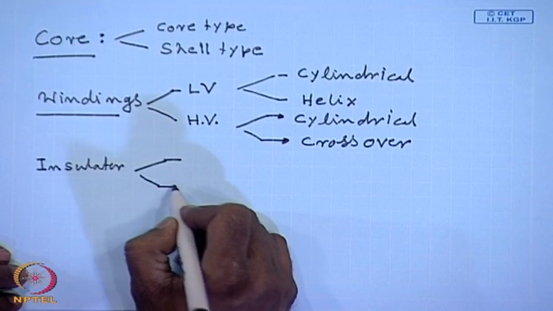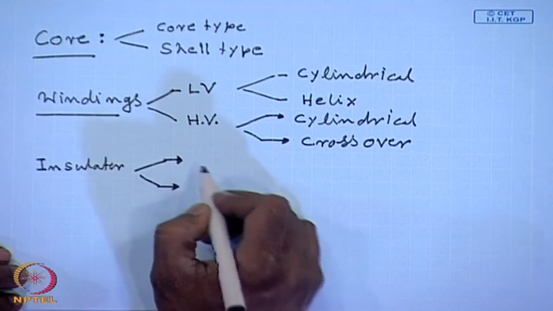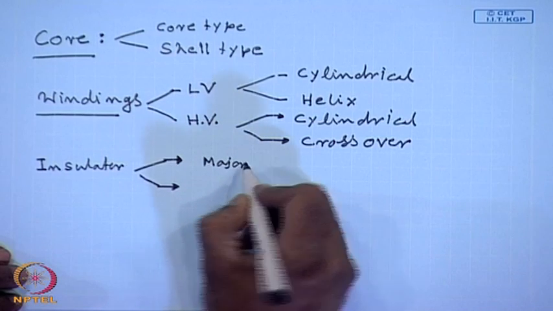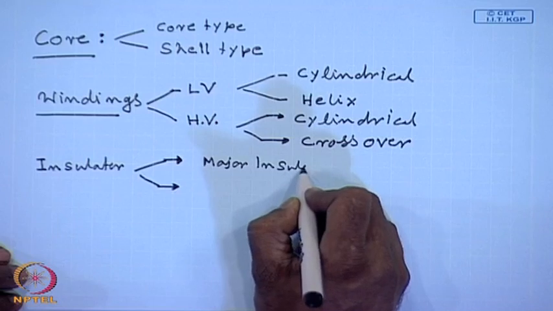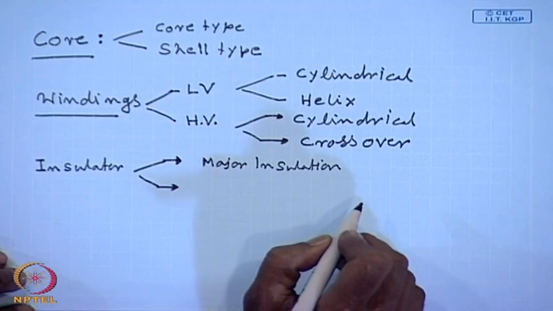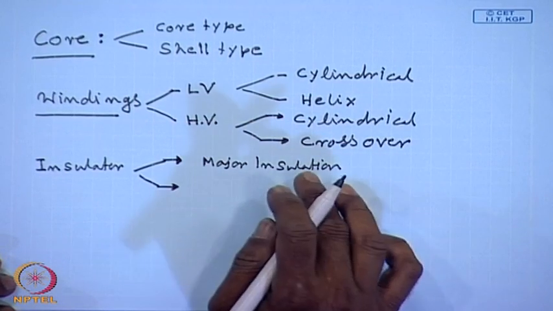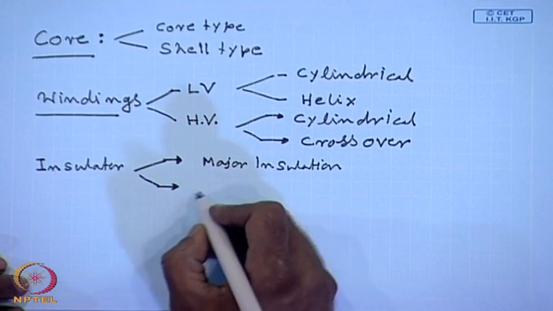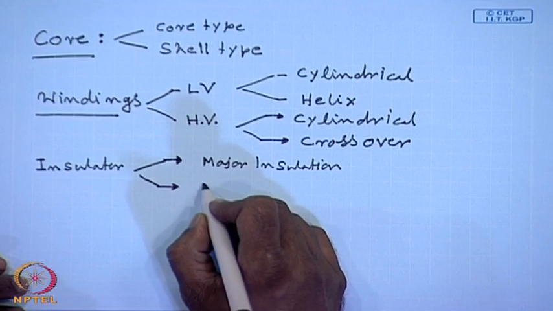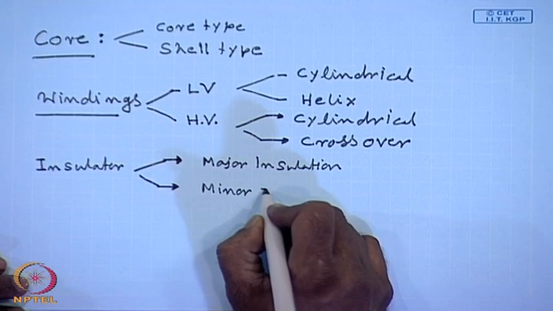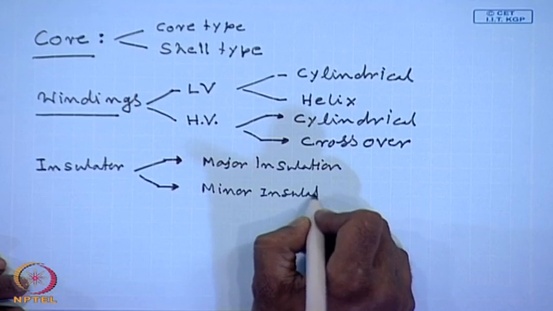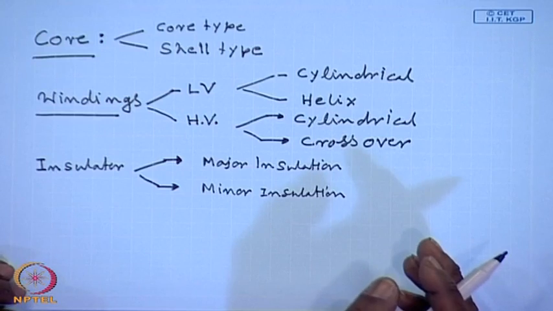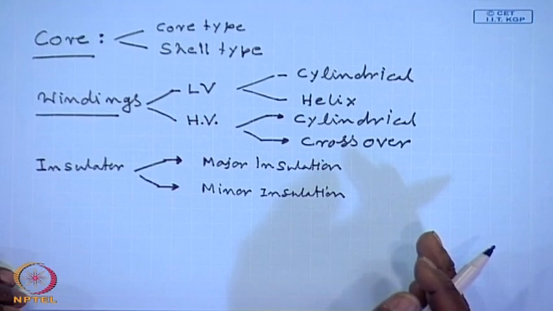Insulators are used in different places of a transformer and they are classified either as major insulation, which are between, let us say, core and the LV winding and the HV winding, and the minor insulation, which are usually between the turns of a same winding or the layers of the same winding.